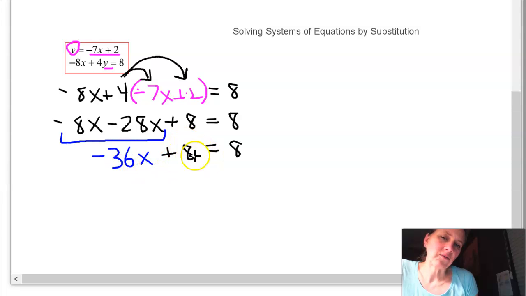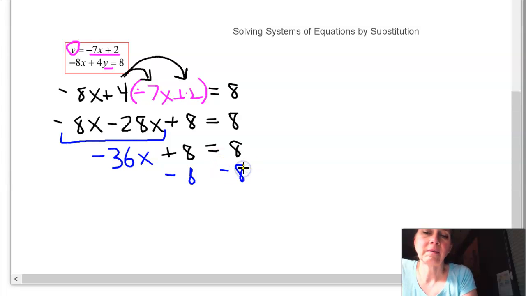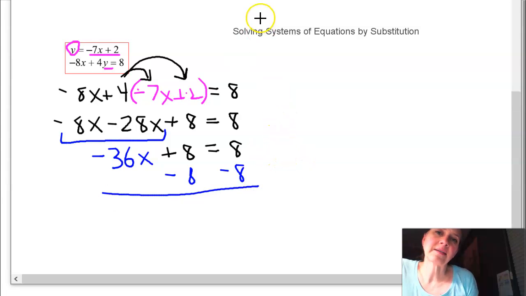So now I need to focus on what's going on over here. I've got an 8 here, and I have an 8 here. I want to combine them so that they're both on the same side. I want them both to be over on this side so that my x can stay over on this side. In order to do that, I need to subtract 8 from this side and subtract 8 from the other side. So I bring down my negative 36x.